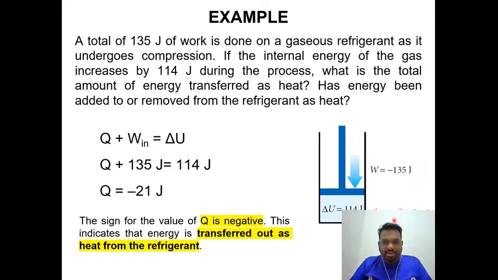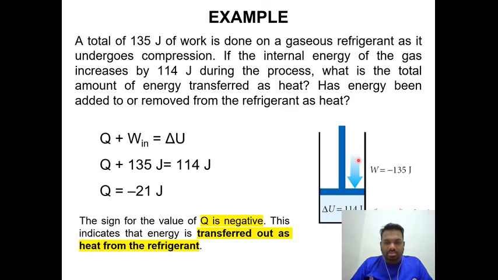So here you have a piston, and the change of energy is 114 joule. Work is done, and the energy is either lost or gained, so you need to determine this. The question can ask you that way also, so you determine it based on the signs.